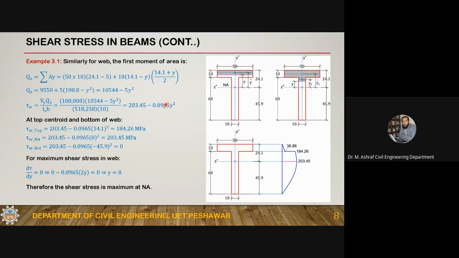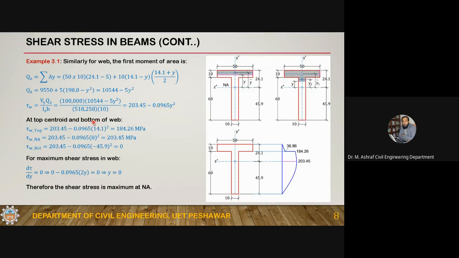If you use this equation to calculate, it is applicable from here, where the value of y is minus 45.9, to this one where the value of y is 14.1. So minus 45.9 is less than or equal to y, which is less than or equal to 14.1, for this equation.